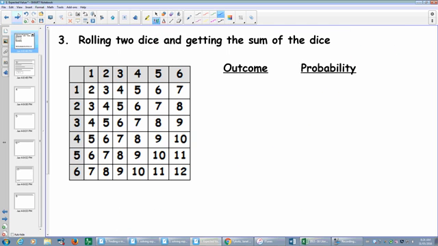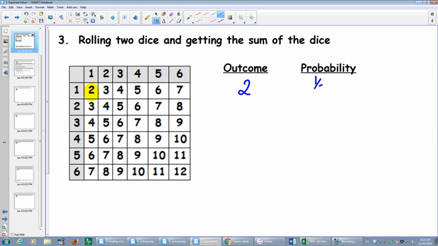Okay, we're now going to look at one other case, and that is rolling 2 dice and getting the sum of the dice. One of my outcomes here is 2. Spencer, what's the probability of me getting a sum of 2?